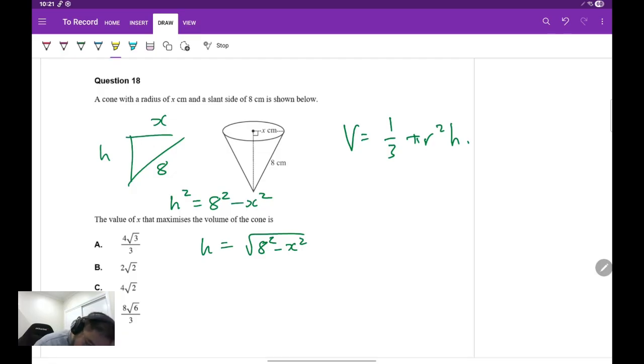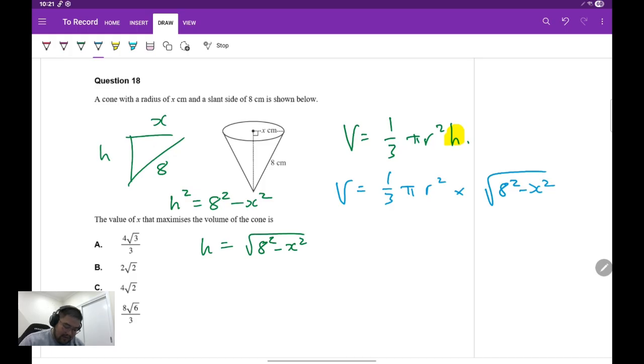So from here, we can substitute into the h component. So V is equal to 1/3 pi r squared times the square root of 8 squared minus x squared. Now we've got to think about this r value. This r value is, well, x.